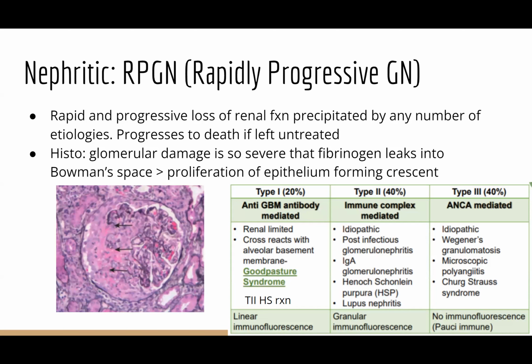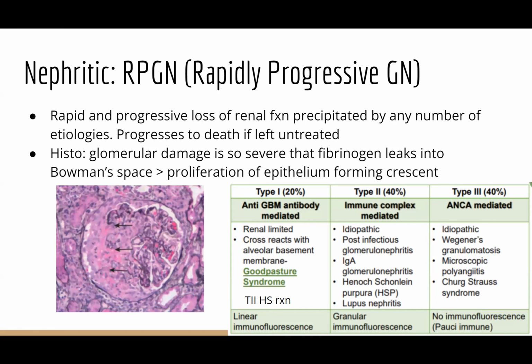It progresses to death if left untreated. So, histology: the glomerular damage is so severe, remember, it's kind of like an end stage. Fibrinogen leaks out into the Bowman space, and then you get proliferation of epithelium, and that is what forms the crescent, which is in the histo slide right there.